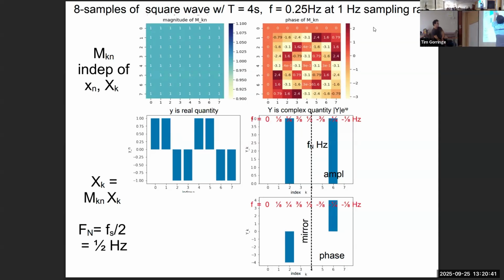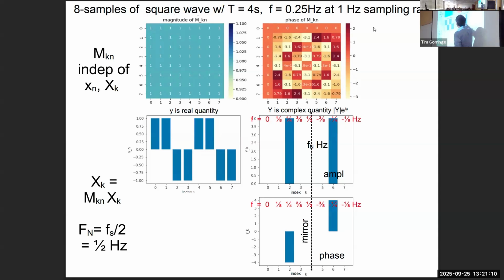So this times this matrix gives these two panels here, where I'm showing you the real part and the imaginary part. What you discover is that in the amplitude of the signal in the frequency domain, you've got one bin where there's a non-zero amplitude, and it's at 1/4 hertz. So it's the bin that corresponds to 1/4 hertz.